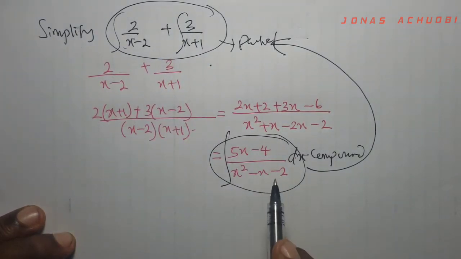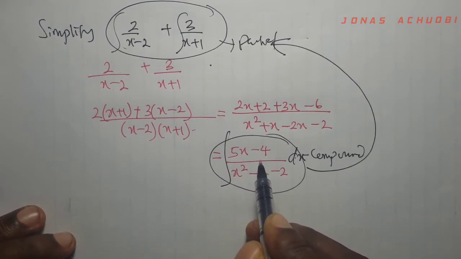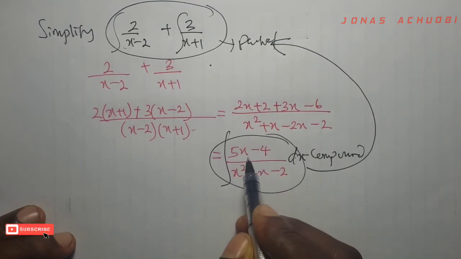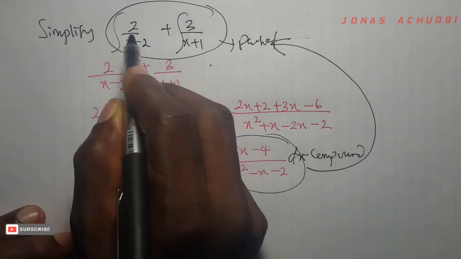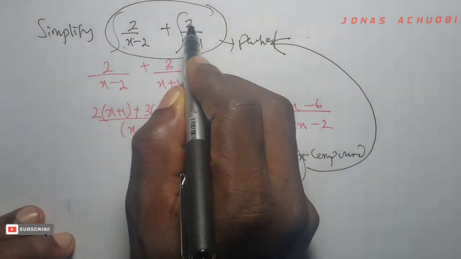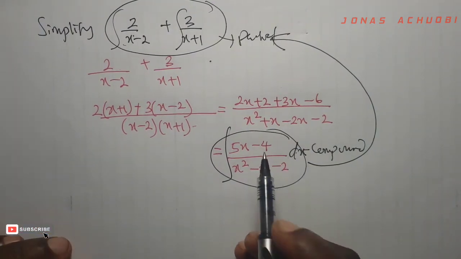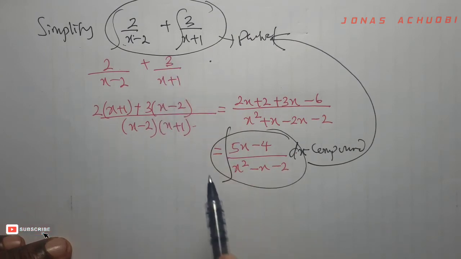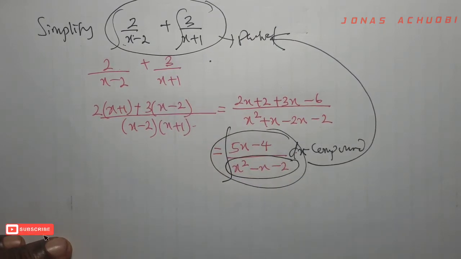So going forward, our very first example will be to resolve this into partial fractions. So that we will see that indeed the partial fraction of this guy, 5x minus 4 over x squared minus x minus 2, will be 2 over x minus 2 plus 3 over x plus 1. Now, in splitting a compound fraction into partial fractions, we shall pay attention to the denominator of our rational expression only, to the denominator.